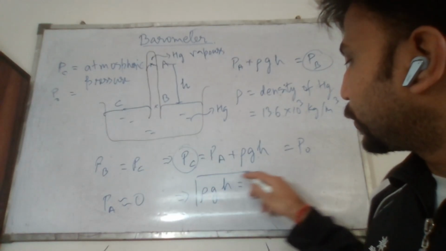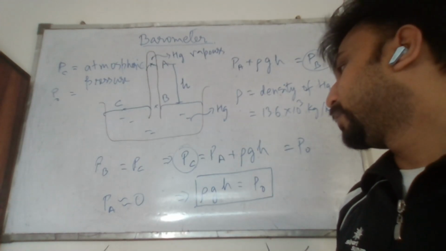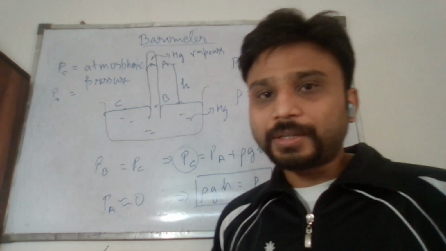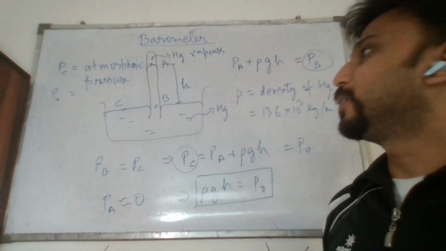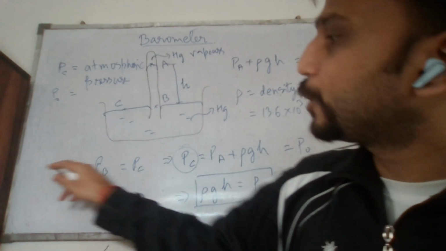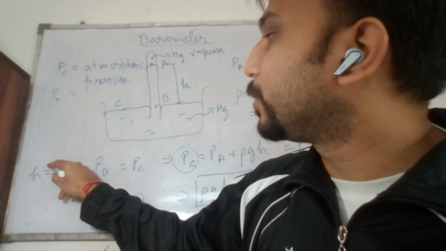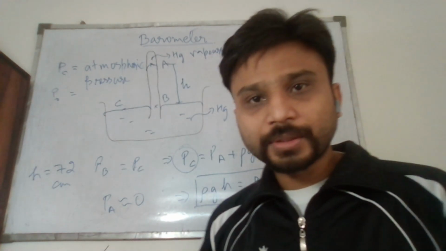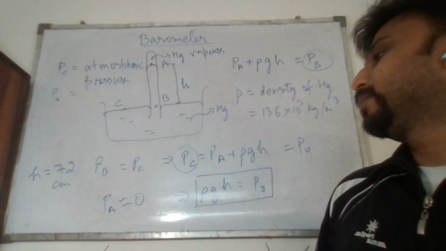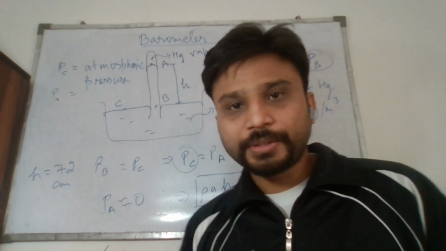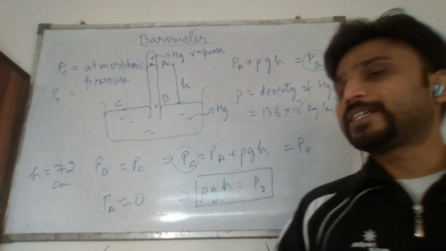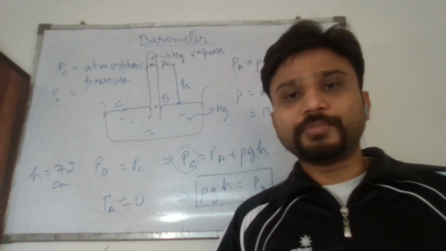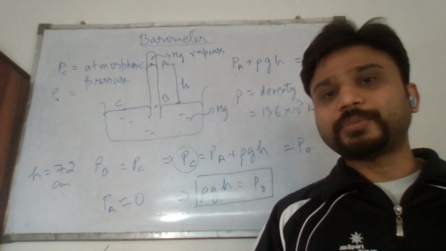This is the equation we are looking for. Practically, when we determine the value of h, it comes out to be about 72 centimeters. So this also becomes a unit of pressure: 72 centimeters of mercury shows this amount of pressure.